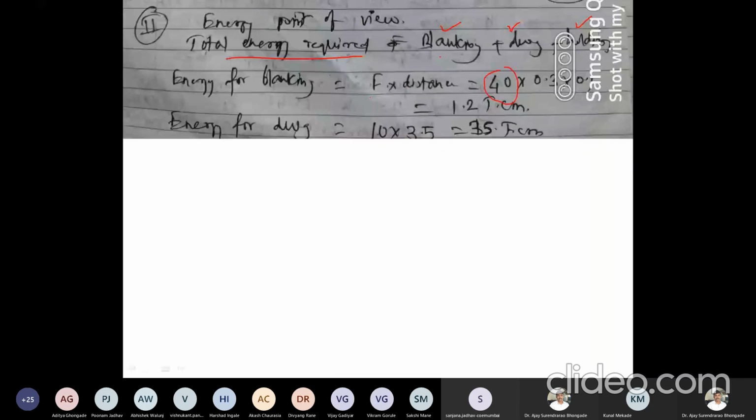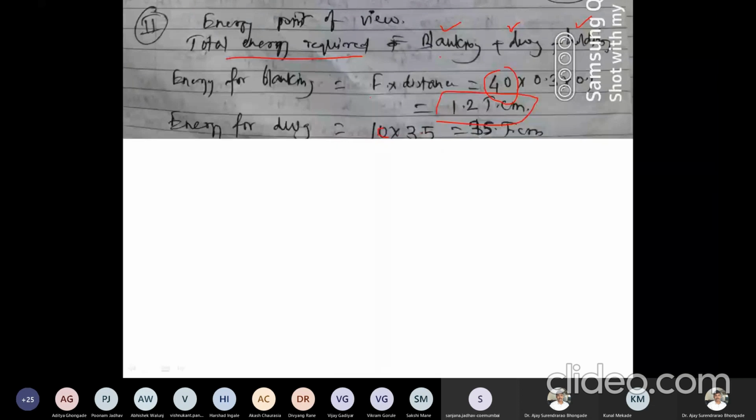So 0.3 into 1 is the penetration depth. So that works out to be 30% of the 40, that is 1.2 ton centimeter. This is the total energy for blanking. Similarly for drawing, we know the drawing force is 10 and the drawing height is 3.5 mm.